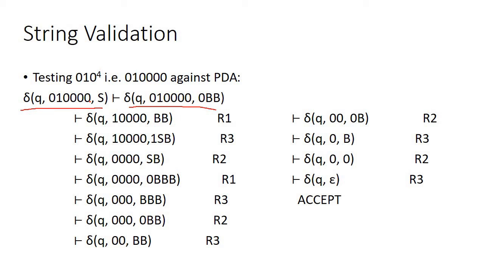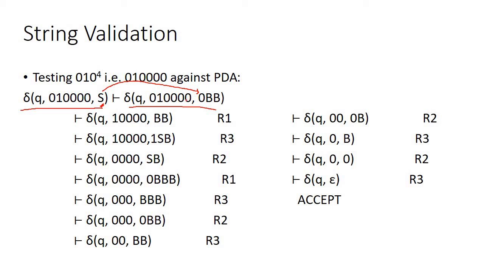The very first one is the input string and your start symbol S, and S is converting into 0BB. The state Q shall remain the same, so we don't need to worry about the state. For every read, we are simply looking towards the transition function.